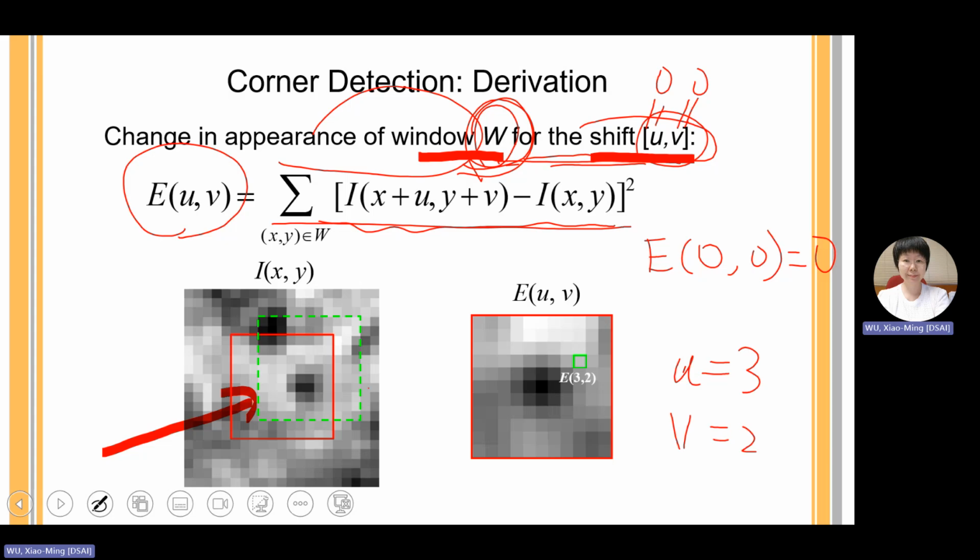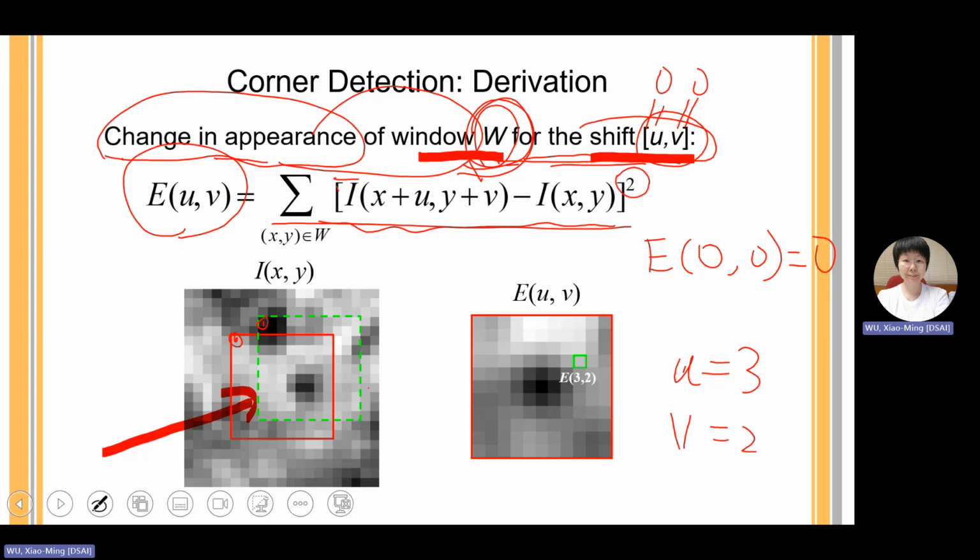The change in image content can be measured by this pixel value minus the corresponding one after shifting. So let's measure the squared difference between this value and this value.